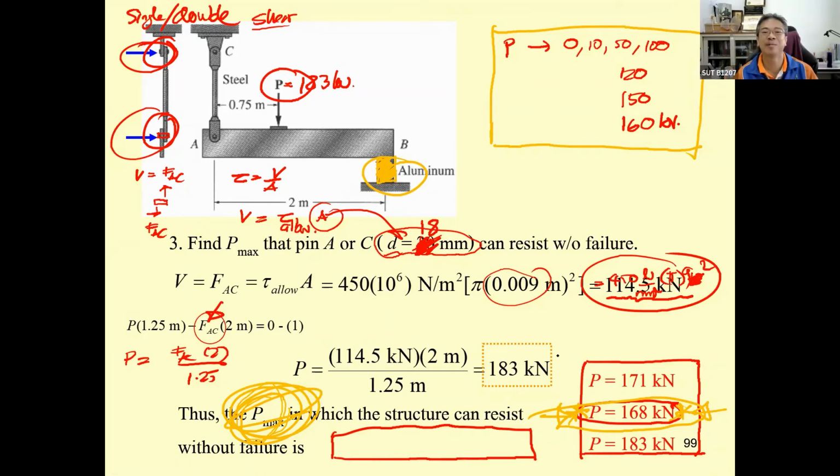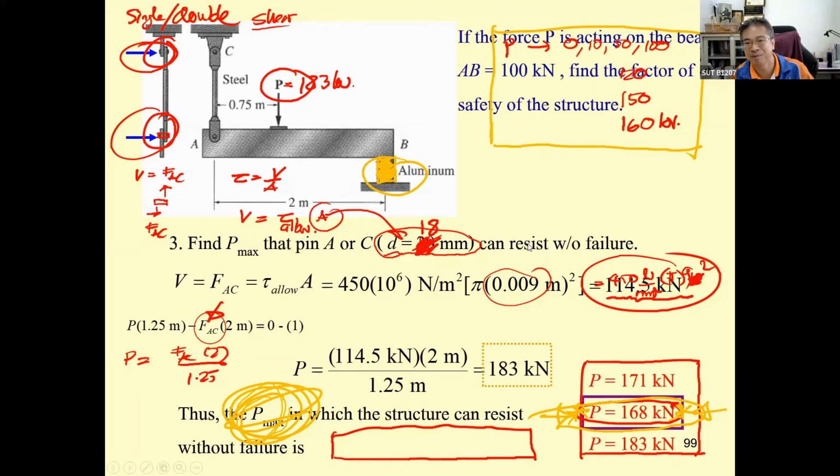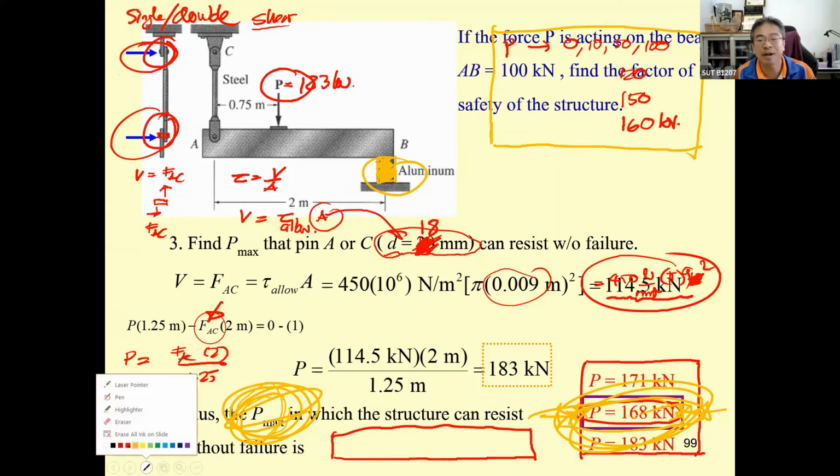Okay, if everybody is okay, I was supposed to stop the lecture for 5 minutes and then we come to the next problem. If P acting on the beam AB is 100 kilonewton, you get the answer of this one already, and then they may ask you a little bit more.